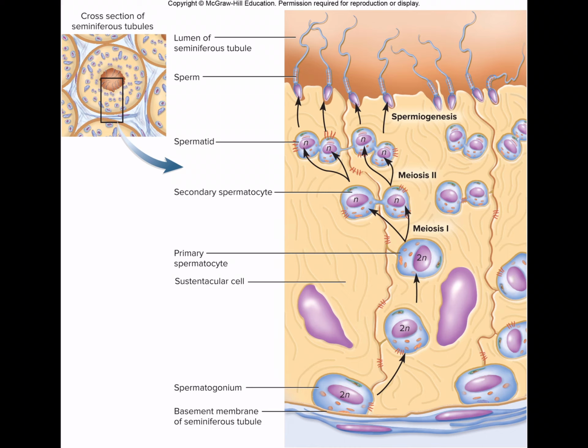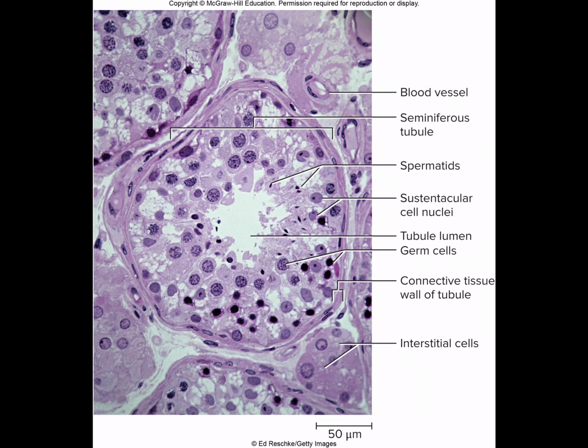That spermatogonium then moves towards the inside, and we turn into a primary spermatocyte. Then we divide and become a secondary spermatocyte, and then we go through meiosis II, where we become a spermatid, and that spermatid goes through spermiogenesis, and we become a sperm. That's what we've got here.